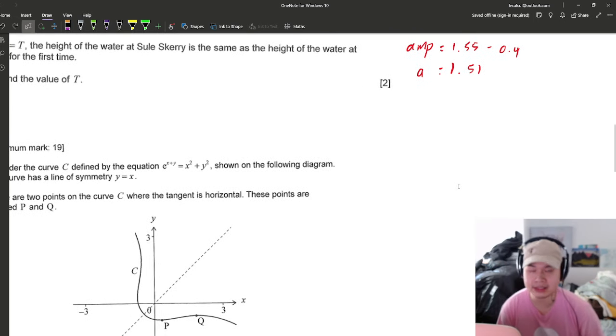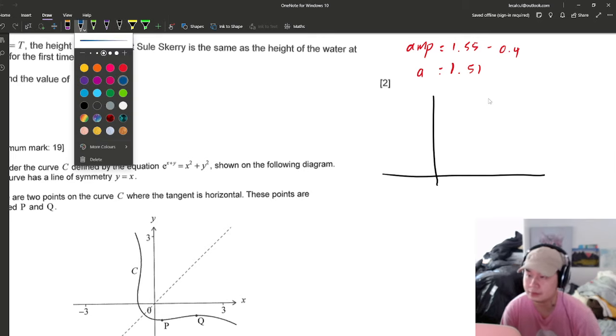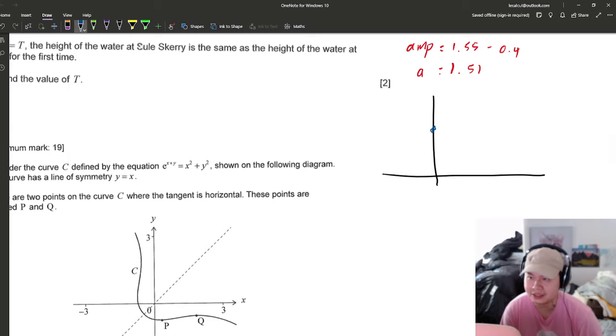So what that means is that before my phase shift, right, this is a positive sine graph, so we start on the center line, and then you go up and then you go down, which means that on the other side you go down and then you go up.